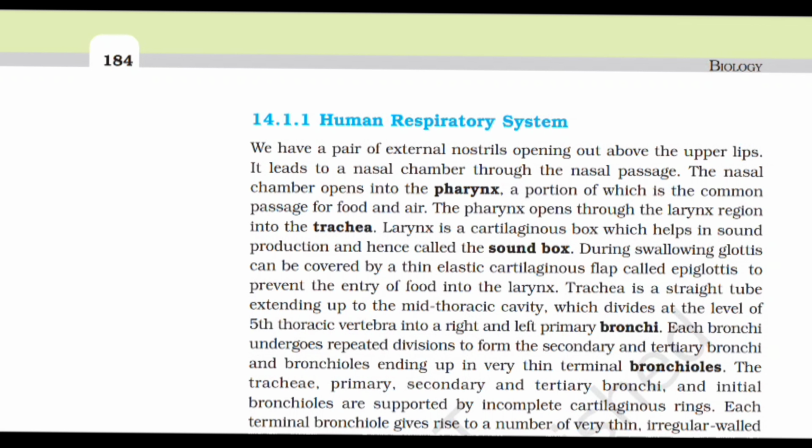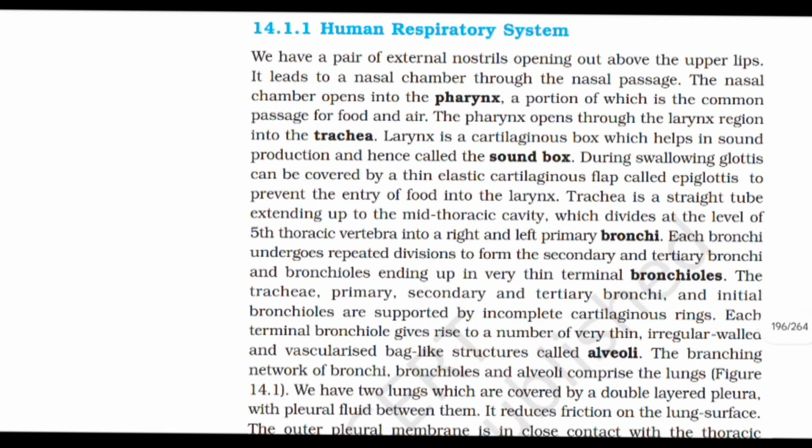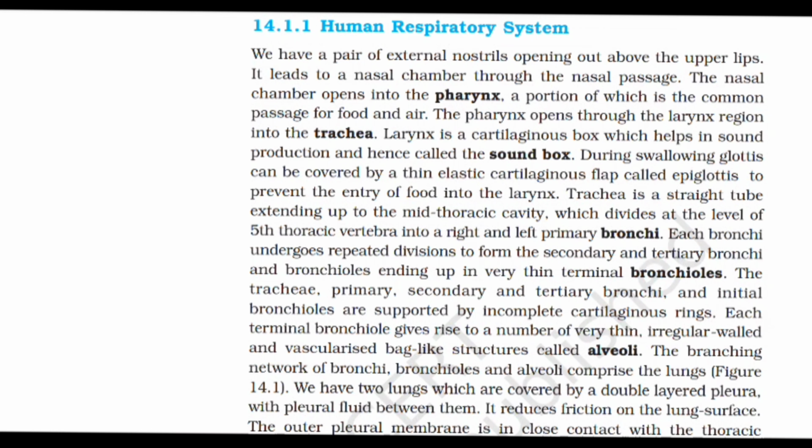Trachea is a straight tube extending up to the mid-thoracic cavity, which divides at the level of fifth thoracic vertebra into a right and left primary bronchi. Each bronchus undergoes repeated divisions to form the secondary and tertiary bronchi and bronchioles, ending up in very thin terminal bronchioles.